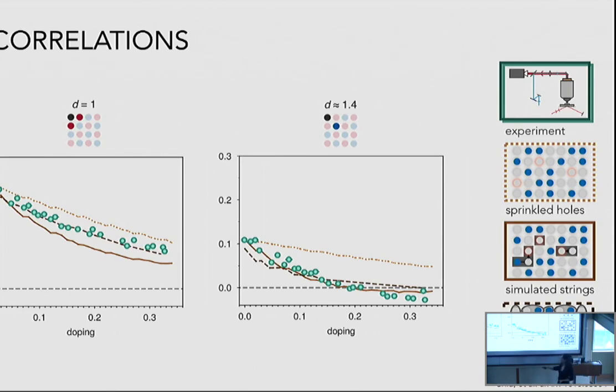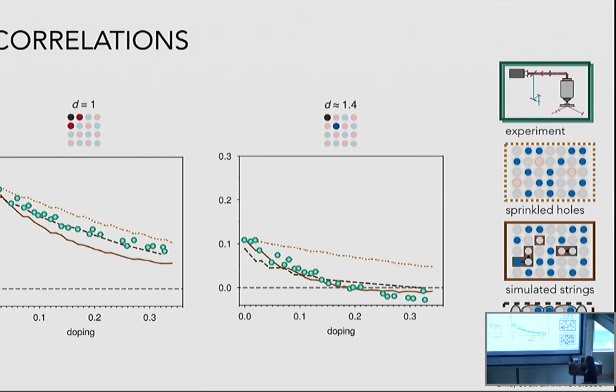So at half filling, of course, we see that the nearest neighbor correlator is the strongest, and then it goes down as you dope, and similarly with the diagonal next nearest. If you were to look at the theories, again, I want to point out the fact that as you hit some critical doping, it does seem like this diagonal next nearest neighbor correlator experiences a sign change.